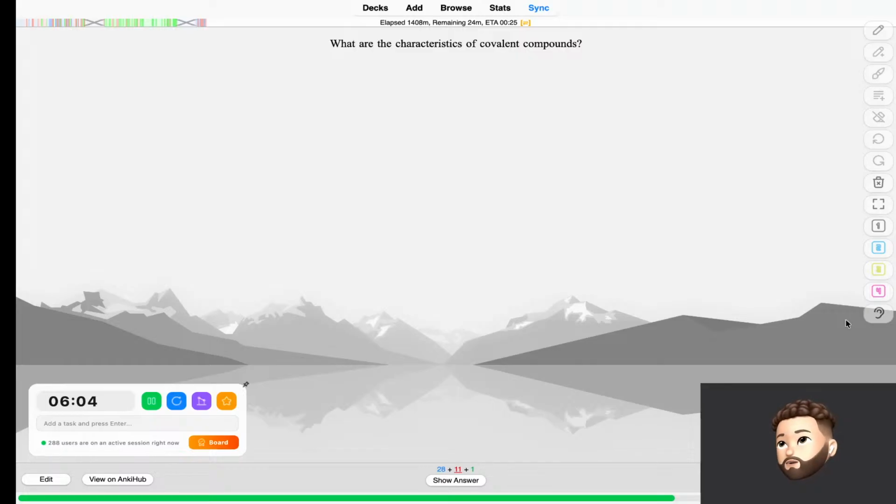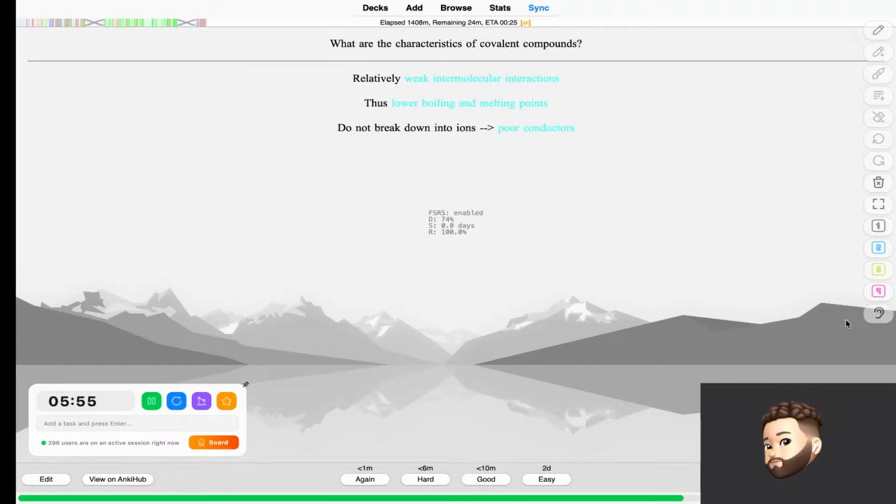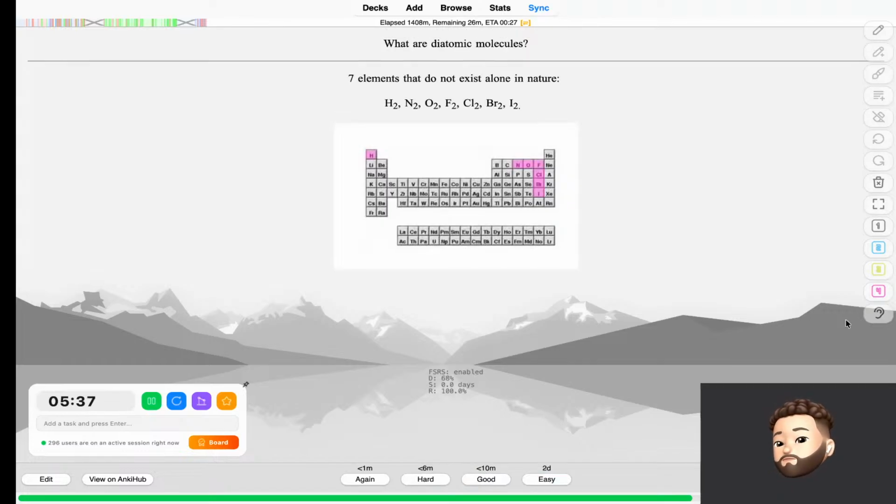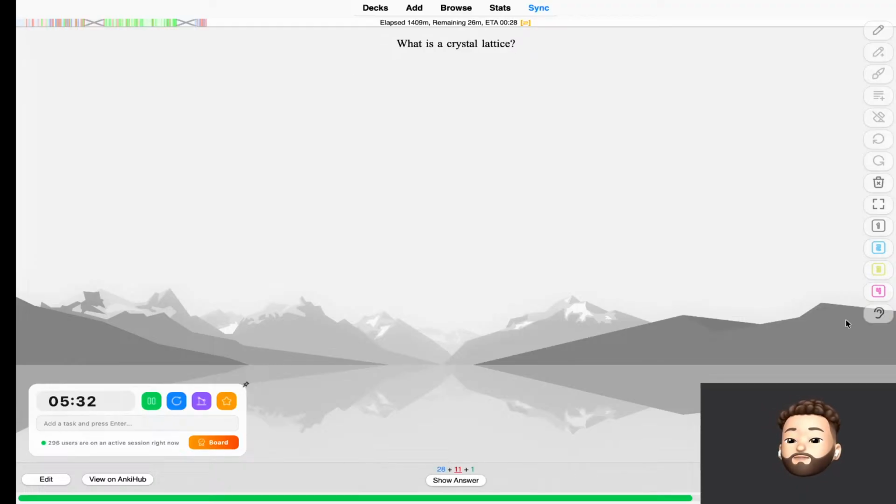They're poor conductors, and don't break down into ions. Greater than 1.7. One of the atoms contributes both of the electrons. What are diatomic molecules? The seven atoms that don't exist alone in nature. I guess they're not really atoms, but I'm still clicking good.